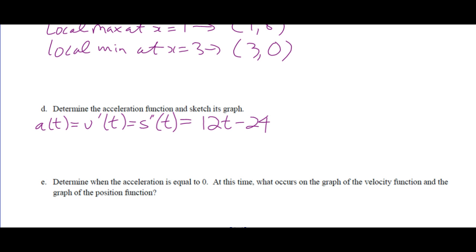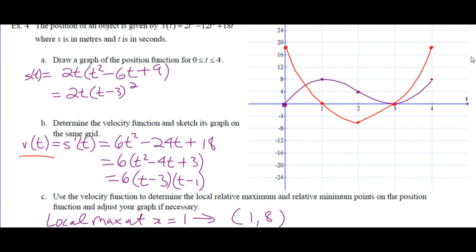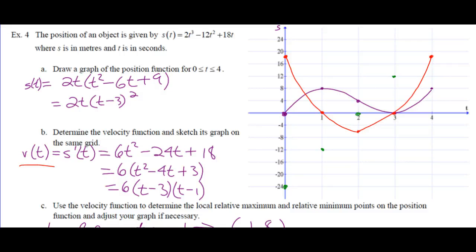Okay, so let's do that in green, I guess. So minus 24 and a slope of 12. Wait. Sorry, up 12. And there. And there's acceleration.